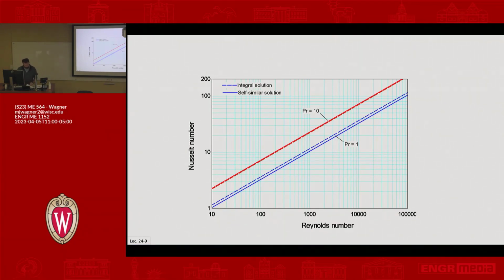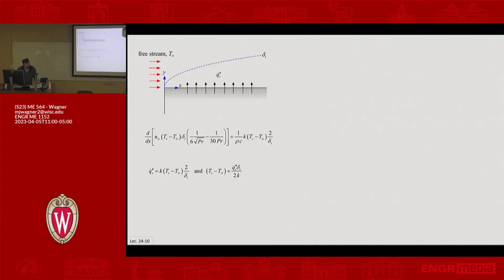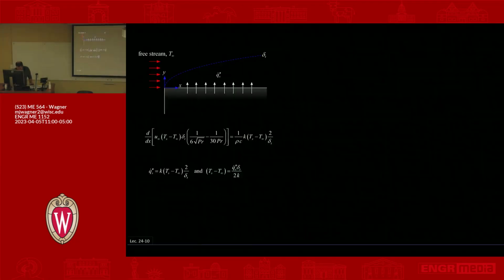Okay, let's see. What else do we have? So maybe one more slide here. Let me just put this back. What we've done so far is we said, in my temperature model, that Ts minus T infinity is a constant value.